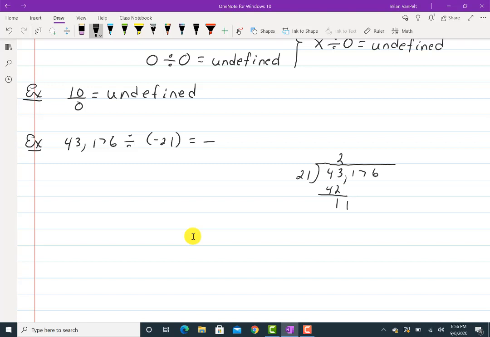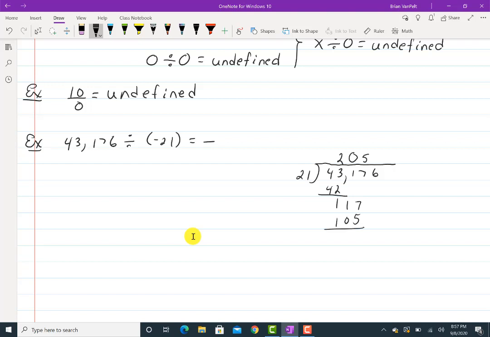Unfortunately, 21 does not go into 11, so I have to put a 0 above the 1. 21 goes into 11 0 times. So bring down a 7 now. How many times does 21 go into 117? And I think you'll find that it goes in 5 times. 5 times 21 is 105.